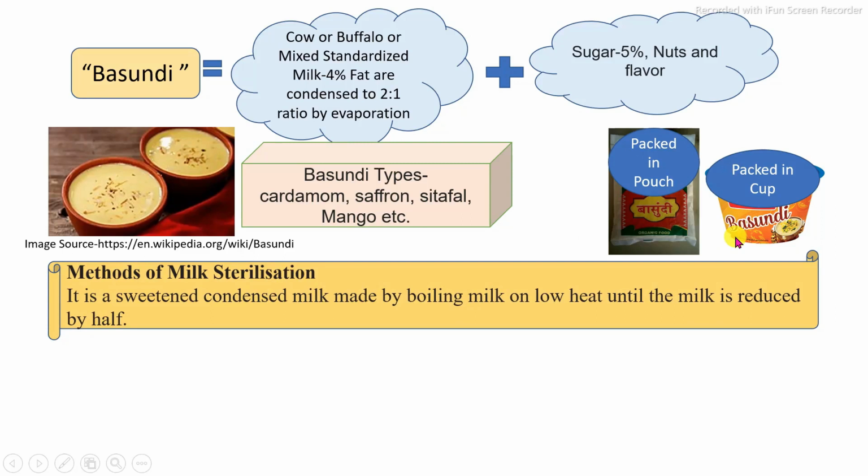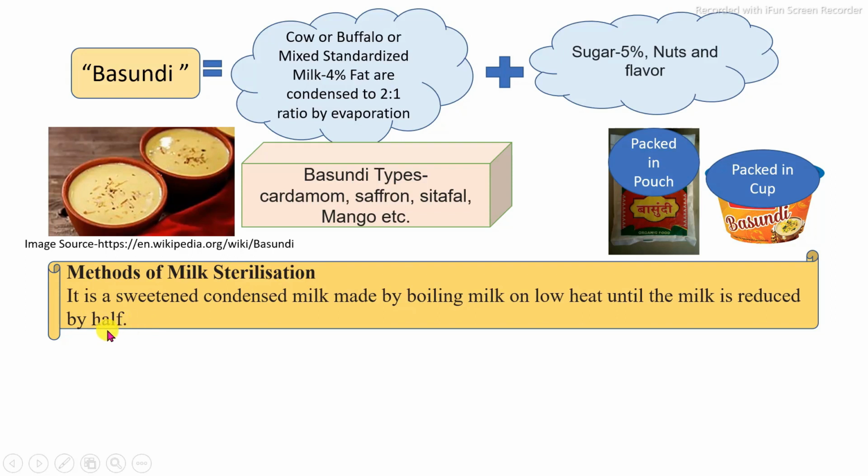The production method is that it is a sweetened condensed milk made by boiling the milk on low heat until the milk is reduced to half of its original volume.